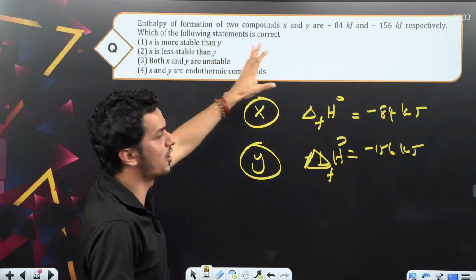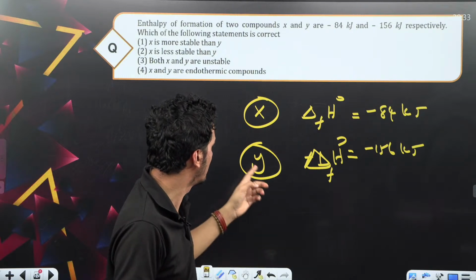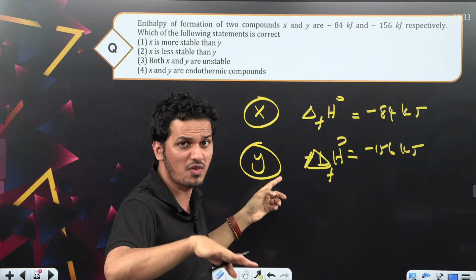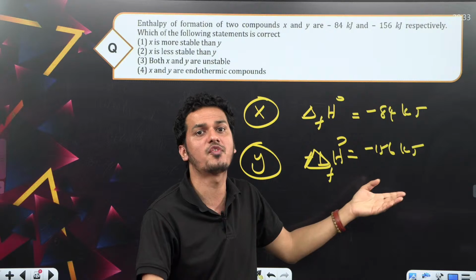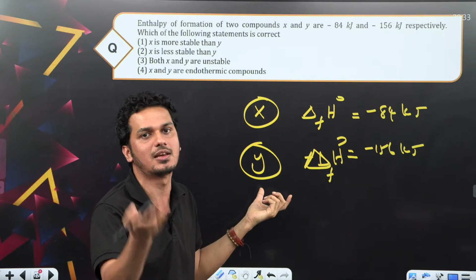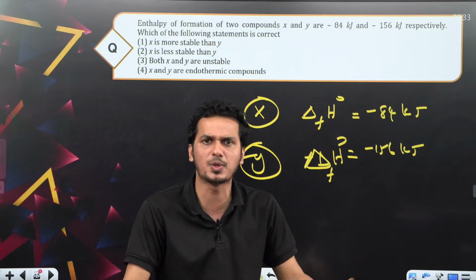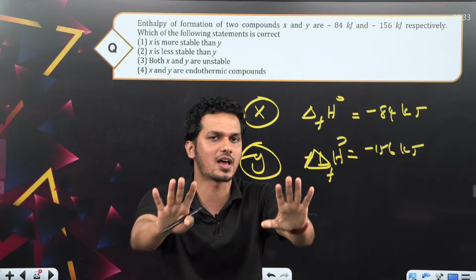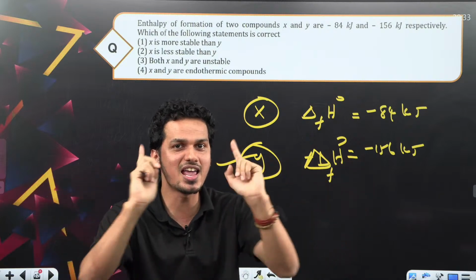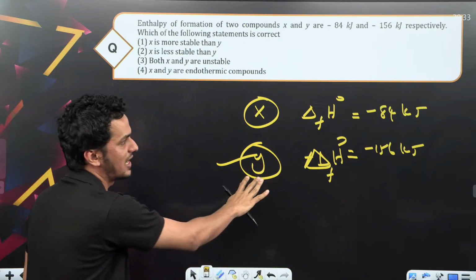Which of the following statements is correct? Which has more enthalpy of formation? This Y. What's the meaning? Whenever Y is forming, it releases 156 kilojoule. Releasing means its energy is decreasing and stability increasing. Remember, whenever any species releases more energy, it is highly stable. So Y is more stable than X. That's the answer.